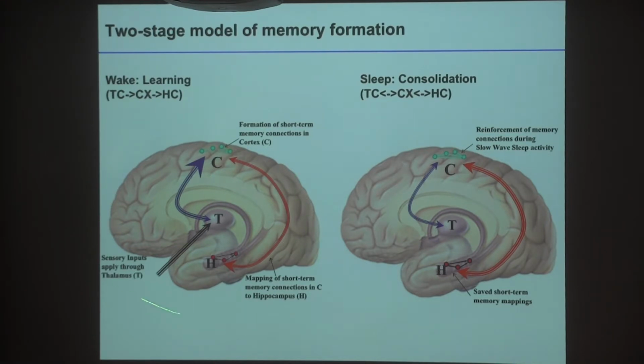There is a period of time when there is a sensory flow going through the thalamus to the cortex, and the cortex interacts with the hippocampal network, creating some sort of temporal representation of the memories. So this structure is potentially very plastic. It can rewire easily, and it stores that image of immediate memory events.